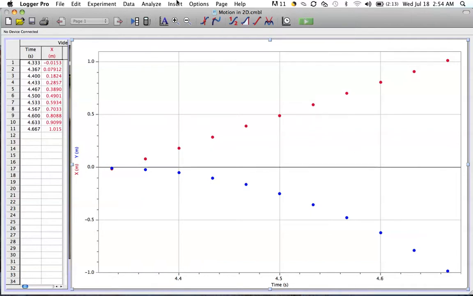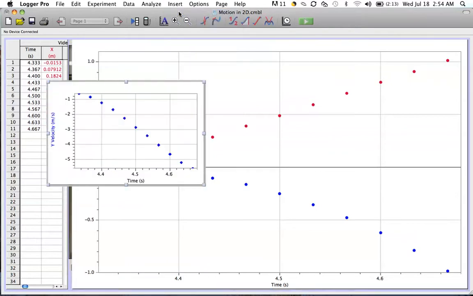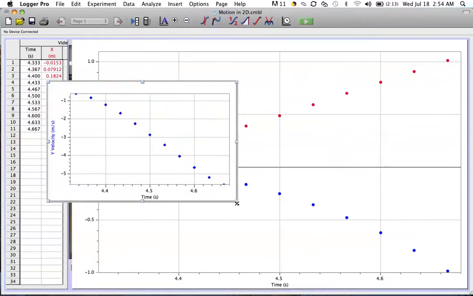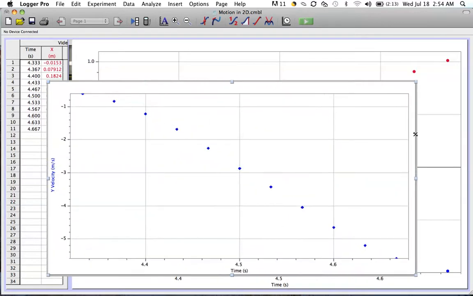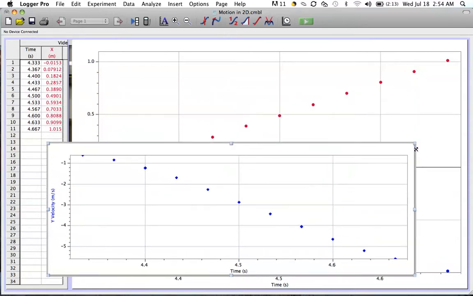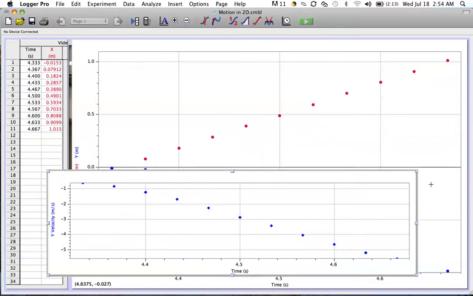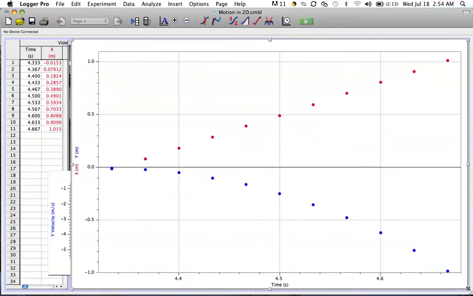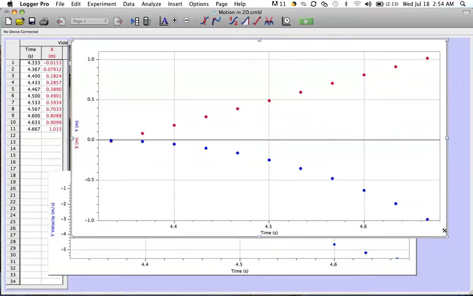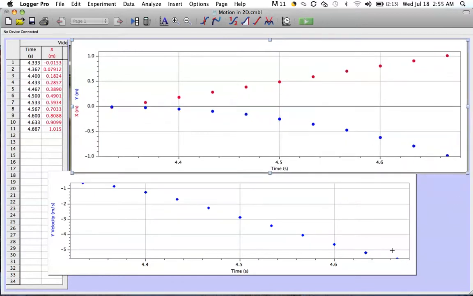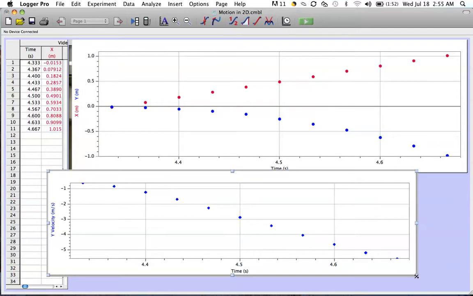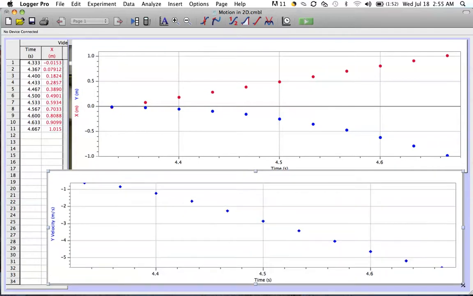And now what I'm going to do is insert a second graph, and then I want to scale these two graphs so that they are close to being the same size, and then keep their scales proportional to each other so that we can look at what's actually happening along the x-axis at the same time as we're looking at what's happening along the y-axis.